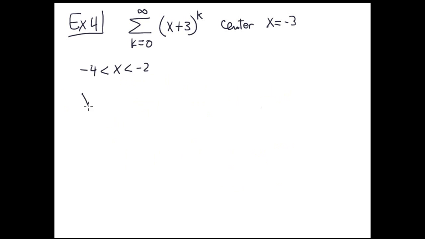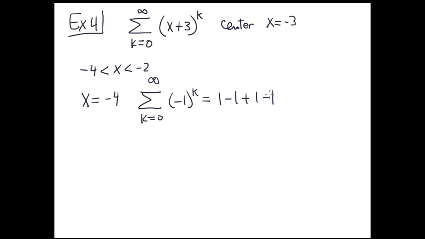Suppose now at the endpoint x equal -4. The series will look like this, k from 0 to infinity, plugging in -4 here. -4 plus 3 is -1. It is obviously alternating, but completely diverging, because it is never decreasing.